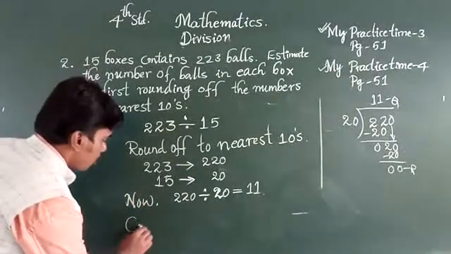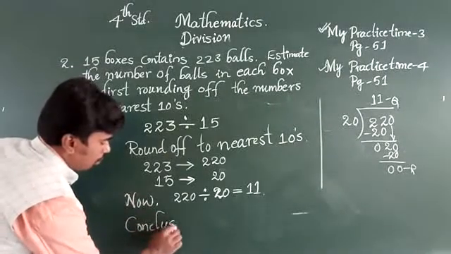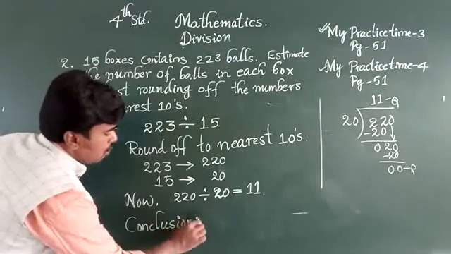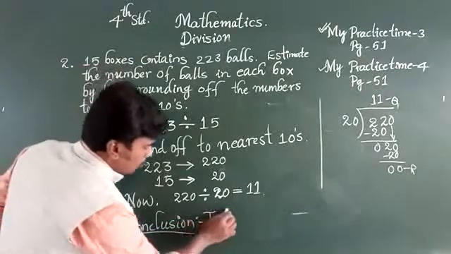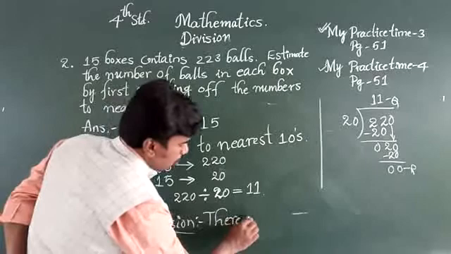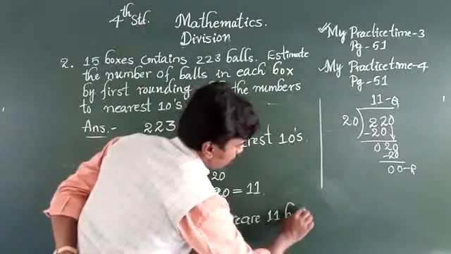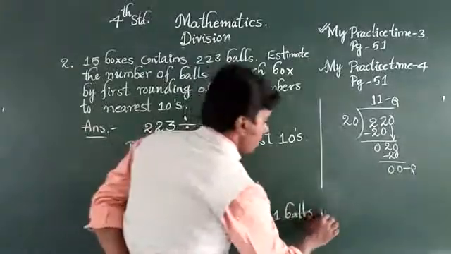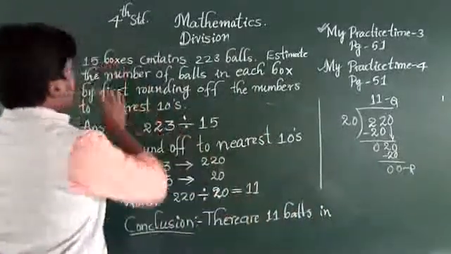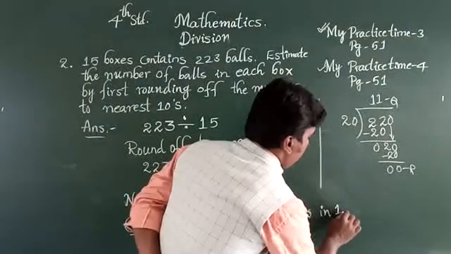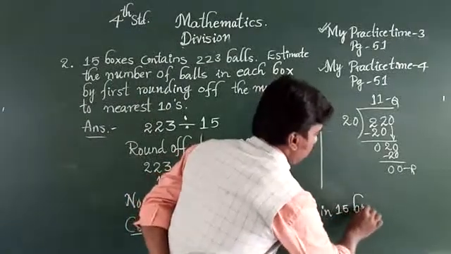Write conclusion. Conclusion is there are 11 balls. There are 11 balls in 15 boxes.